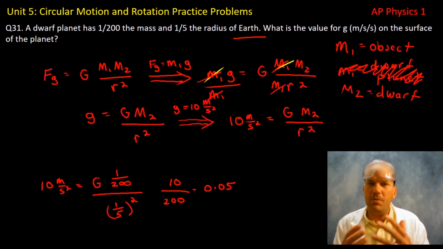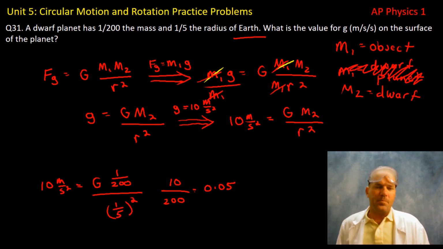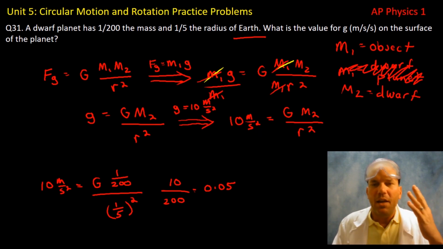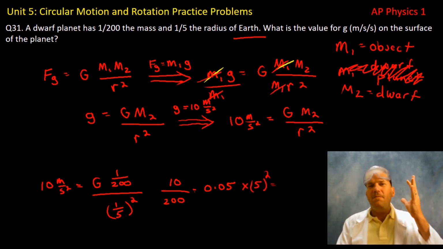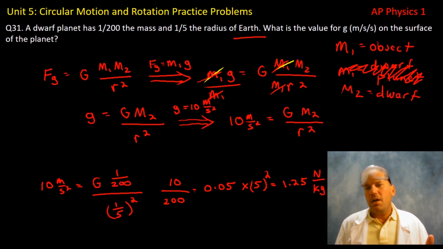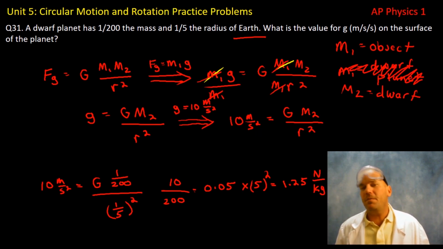This is an inverse squared relationship, just like we've talked about in the past with Coulomb's law. So we're going to put our value in for the new radius of the dwarf planet of 1/5, which means if we looked at this, it's going to be 25 times greater. All right, so multiply both sides by the inverse of 1/5 squared. That is equal to 25.